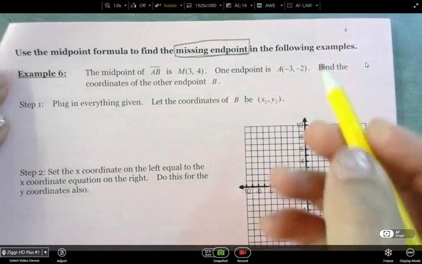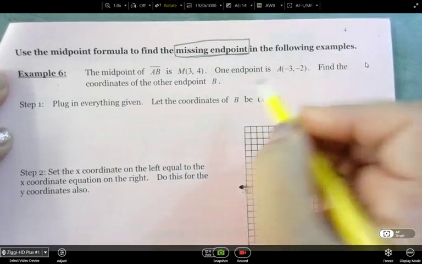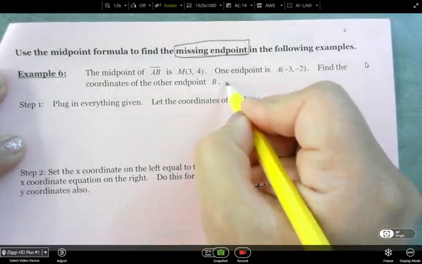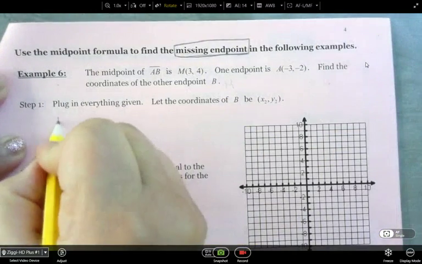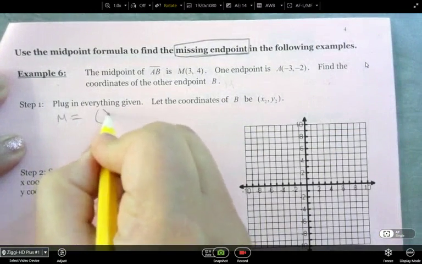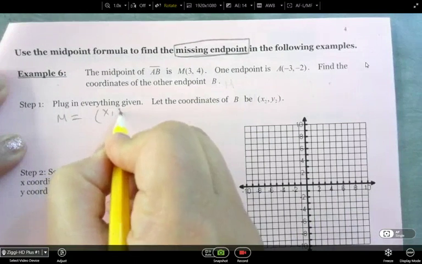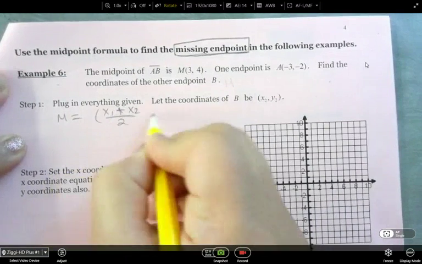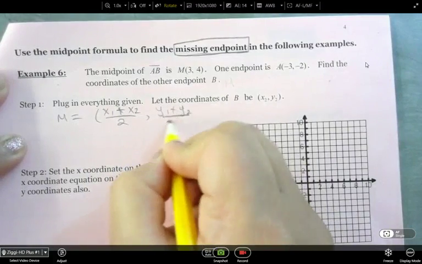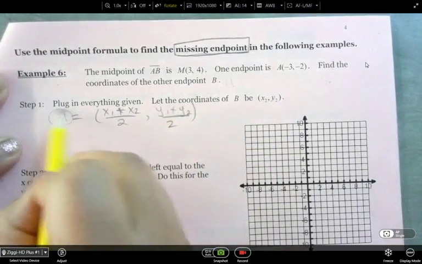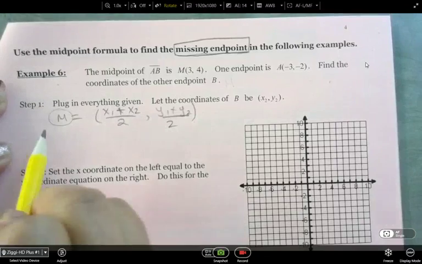So let's plug in everything that we have been given. You know how in the formula it said m equals x1 plus x2 over 2 and y1 plus y2 over 2? We have a number here. We have a coordinate here.